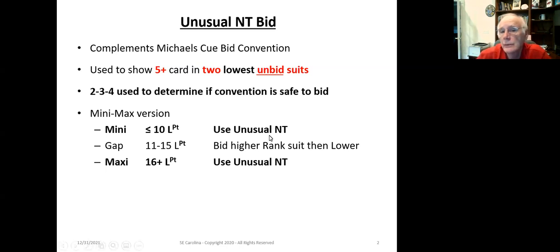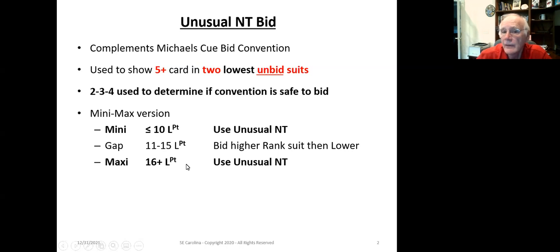It allows you to very specifically show the difference between two-suited hands with less than or equal to 10 points, 11 to 15 length points, or 16+. We use unusual no-trump for the min and the max, less than or equal to 10, or 16+.